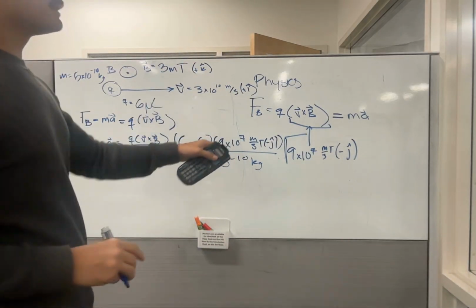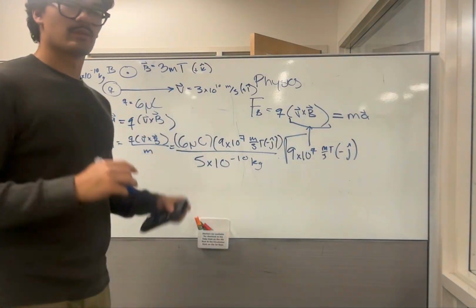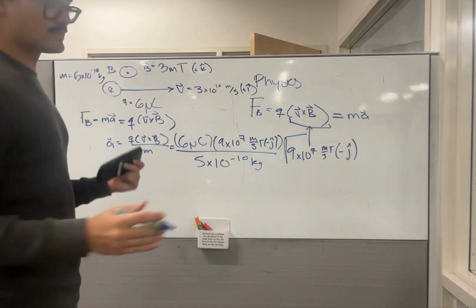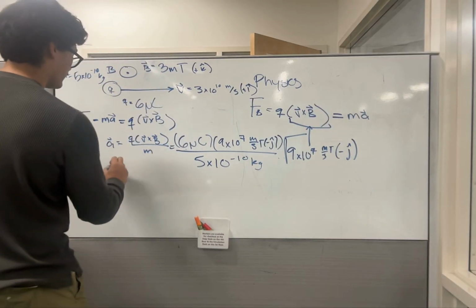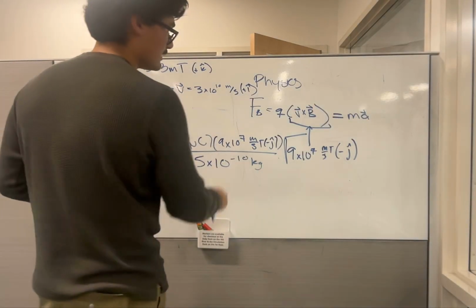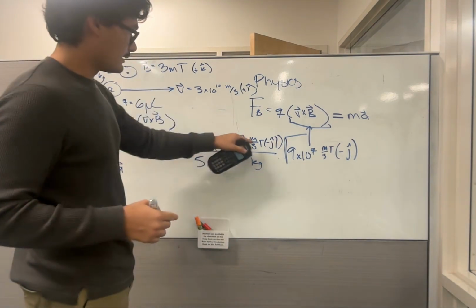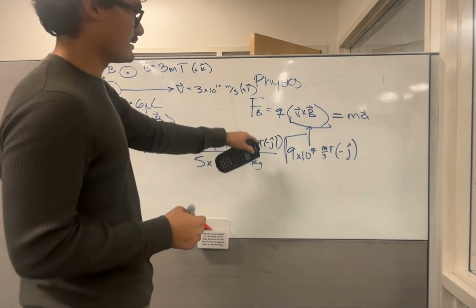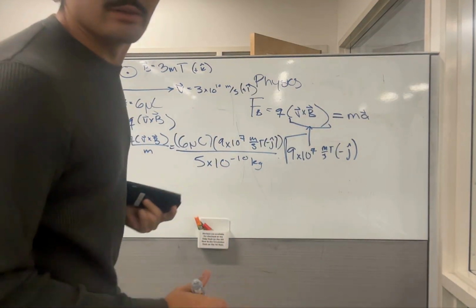So Tesla is a little packet of units. There's a lot of unit work going on behind the scenes. We're just going to avoid that because it's a little bit tedious. But the units, when you multiply all these out, give you meters per second squared. Because Teslas have a Coulomb underneath, and then this has a Newton, and the kilogram and the Newton cancel out. Weird stuff going on.